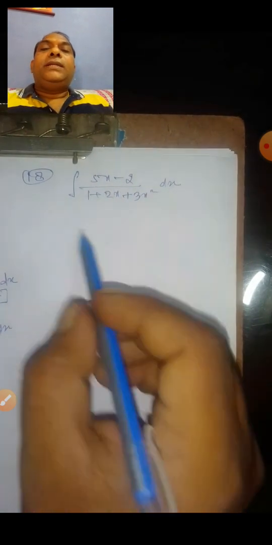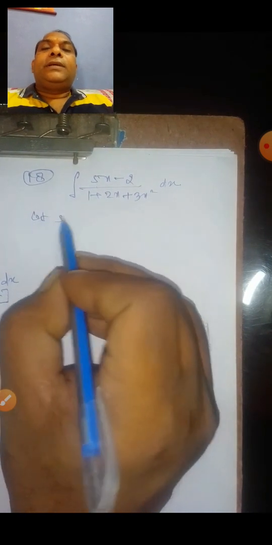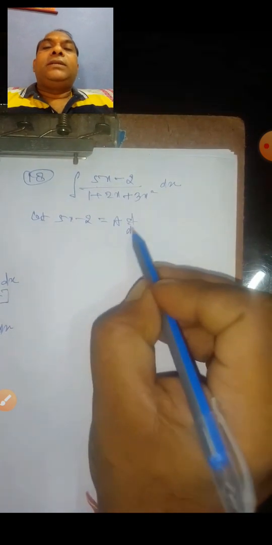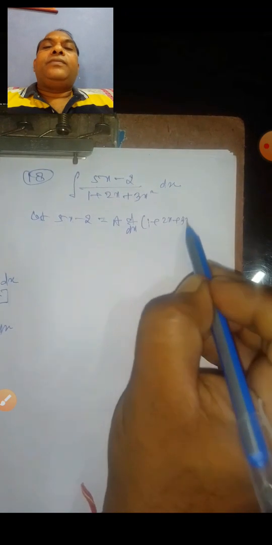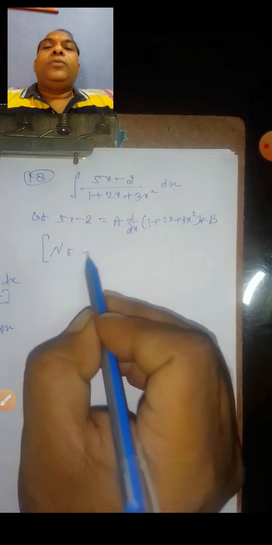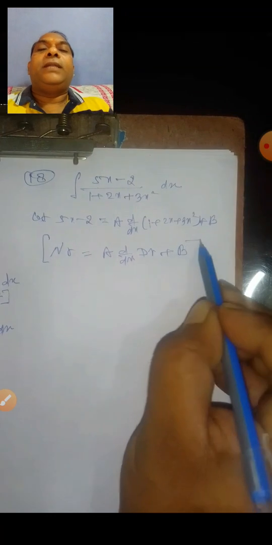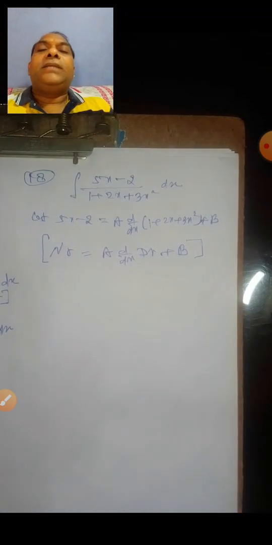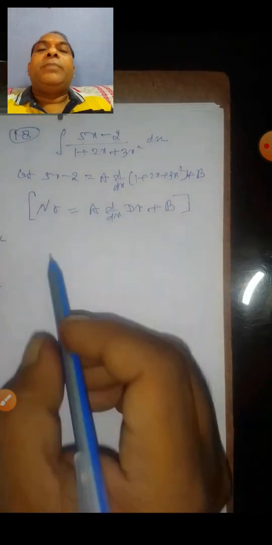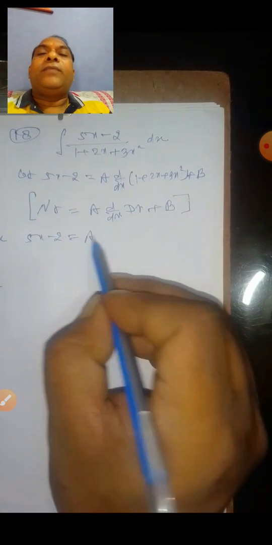So in this type of question, we have to let numerator is equal to A into d by dx of denominator plus B. Clear? Means numerator is equal to A times d by dx of denominator plus B. So now 5x, and you can find the value of A and B.